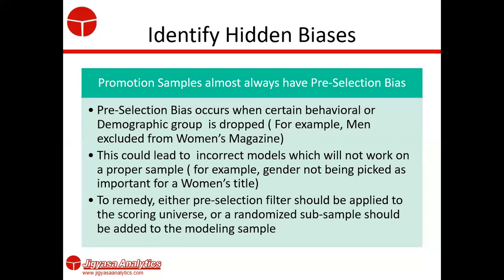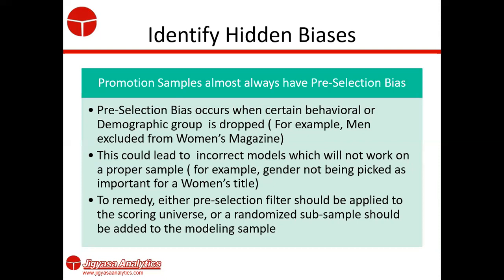So all responders are women, all non-responders are women. So gender does not get picked up as an important predictor of who is going to buy this women's magazine. And at the end, when you are applying this model to a general universe, you will get very, very weird results where you are targeting a whole bunch of men.